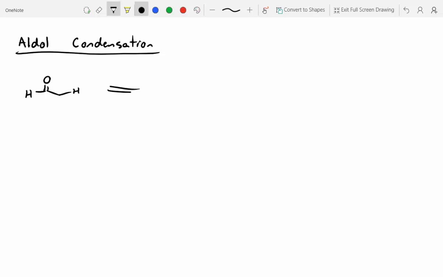We know if we treat this with sodium hydroxide, it will deprotonate our alpha position, give us an enolate. This enolate we know can add into another equivalent of acetaldehyde and kick up electrons.